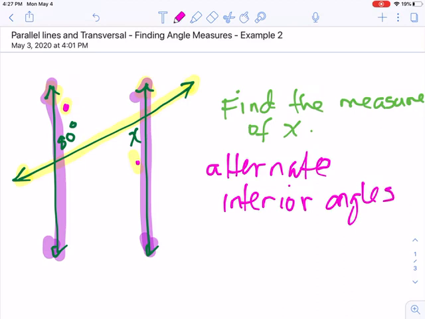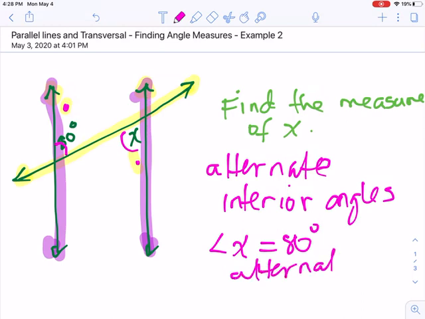And that makes sense because look at 80. 80 here is an acute angle, and x is also an acute angle, and you can see they look exactly alike. So from there I can say that angle x is equal to 80 degrees by reason of alternate interior angles.